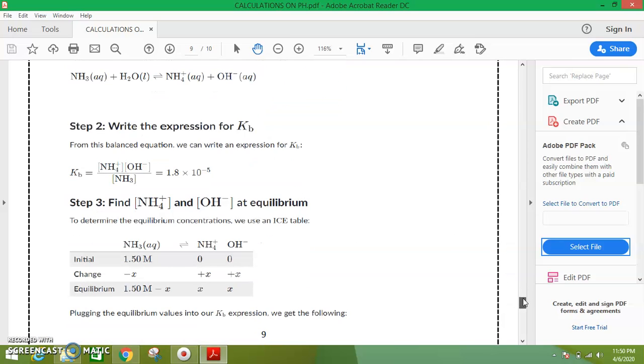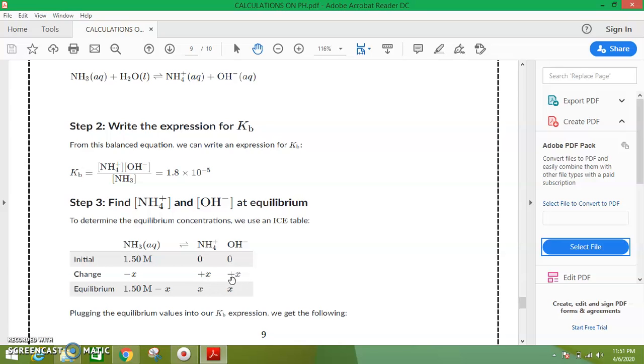In step 3, look, because it's weak, write the initial concentration, 1.50 molar for ammonia, and initially there is no change. Then after some time some ammonia is converted into ammonium ion and hydroxide ion. That's why we write negative X here. X means the amount of concentration, and negative means a decrease in the concentration of ammonia.